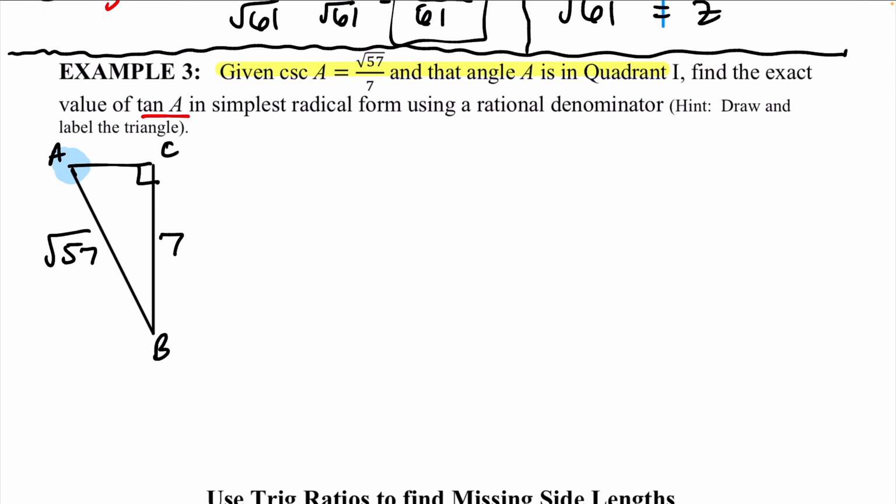Then I'm missing a side here. I'll call that X. I'm missing a side. So you should have one side that's missing. Okay? So now let's answer the question. The question says, what is tangent of A?